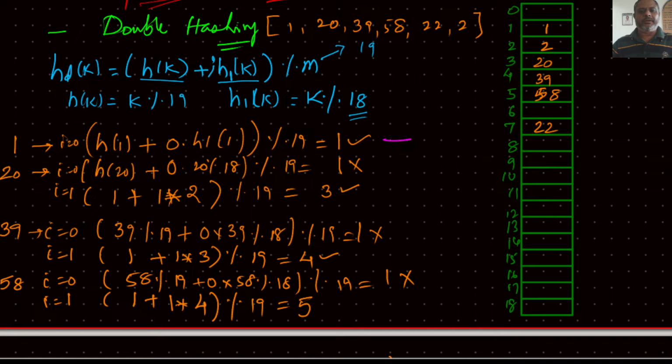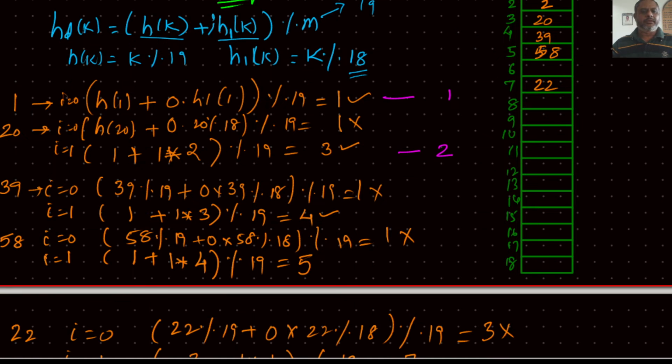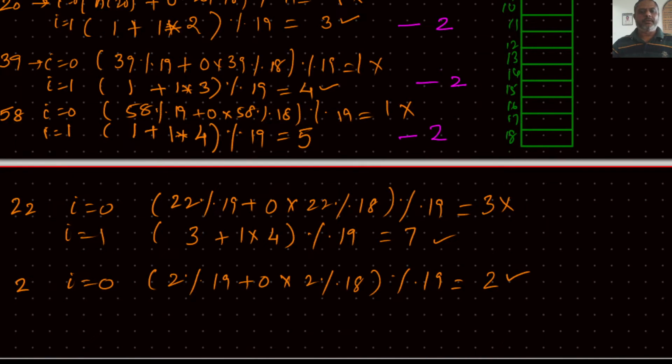Okay, now see in all how many attempts we have taken to accomplish this task. So first one is done in one step. Second one we used 2 steps. Third one 2 steps. Fourth one 2 steps. Fifth one 2 steps. Sixth one 1 step.